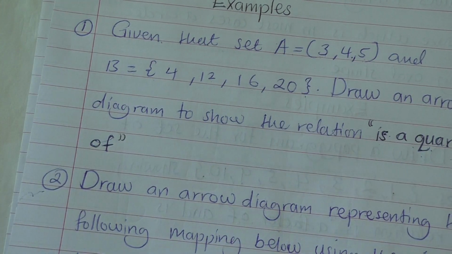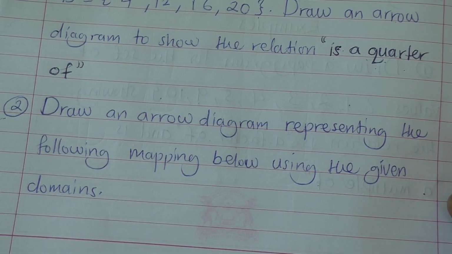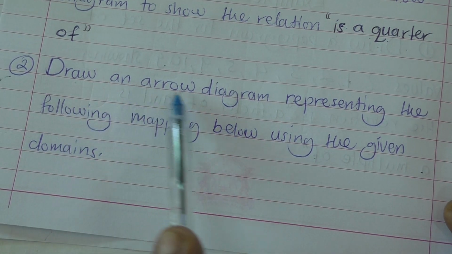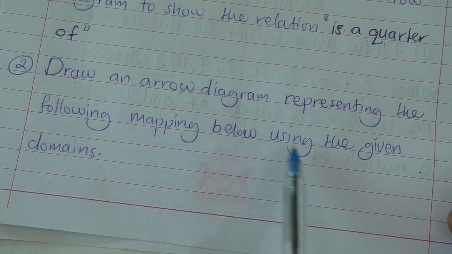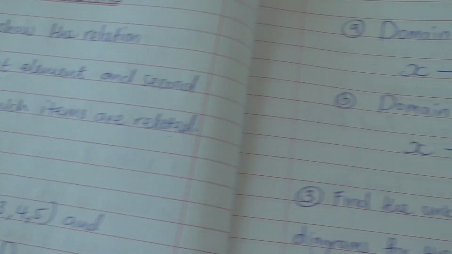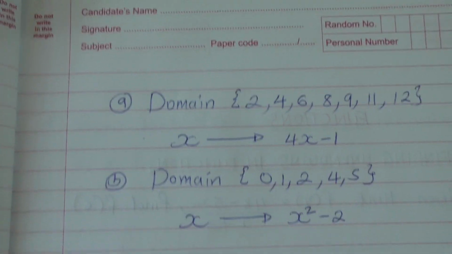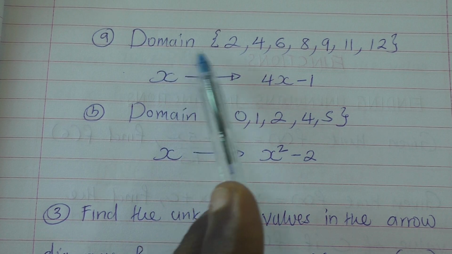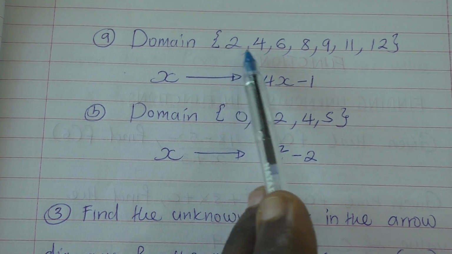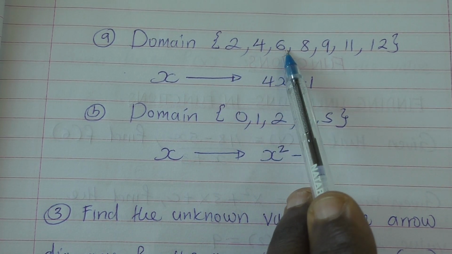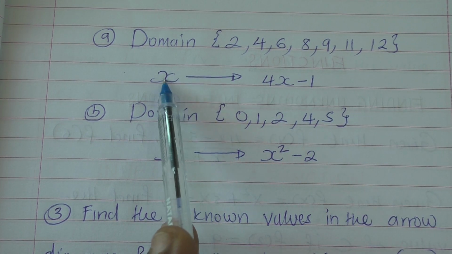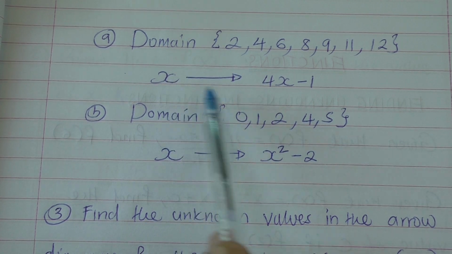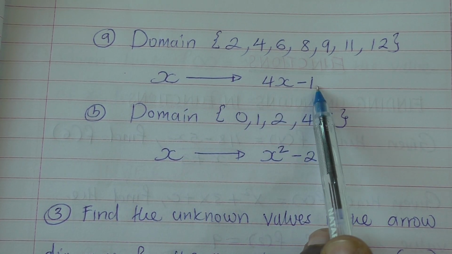Then we also have example 2, which says: Draw an arrow diagram representing the following mappings below using given domains. So in part A, the domain given is a set of 2, 4, 6, 8, 9, 11, 12, and the relation should be x mapping to 4x minus 1.